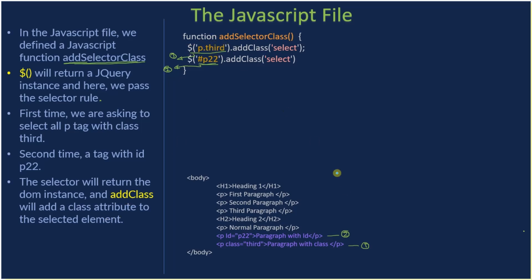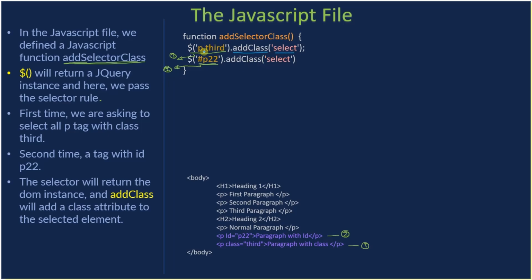This will return the DOM element, represented as a specific DOM element in the DOM tree. We already talked about the DOM tree in one of the videos in this sub-series. It will walk through the DOM tree, pick the specific element, and return that HTML element as a JavaScript object. And to that returned element, here we are making a call to addClass, and we pass select here.